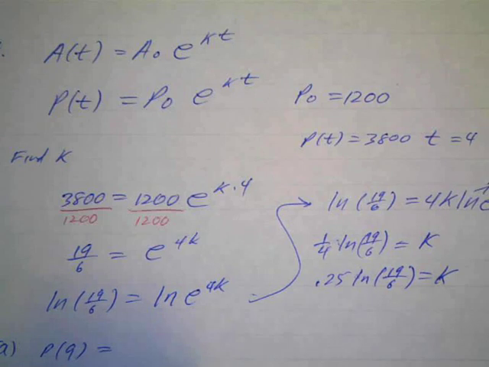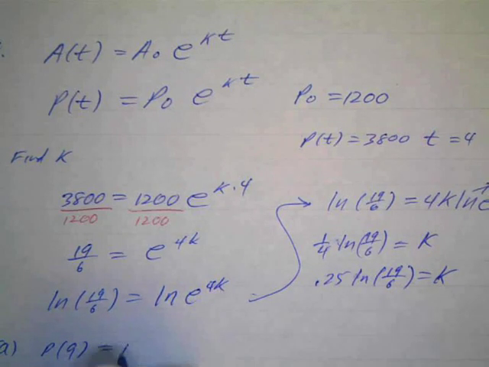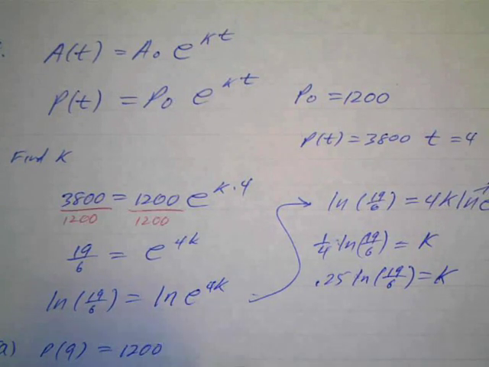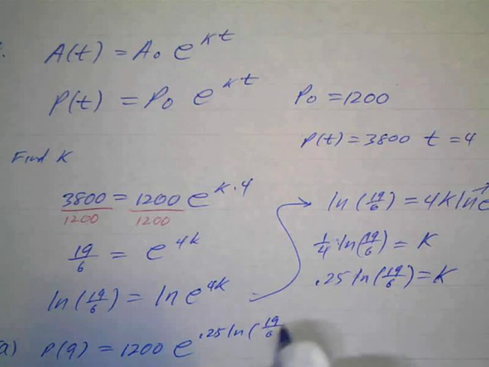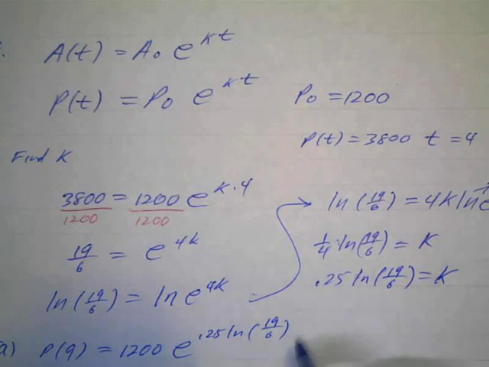P of 9 equals, my initial population is still 1,200. I start out with 1,200 e to the k, now I know what the k is. It's 0.25 times the natural log of 19 over 6 times t. It looks a little more complicated because you got this written out, but that's just our k.